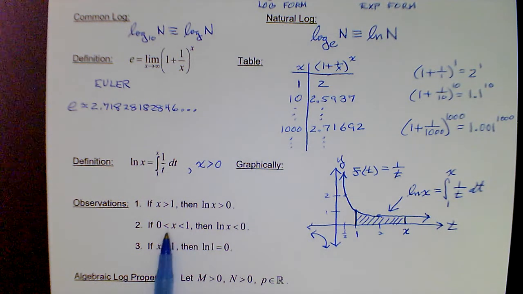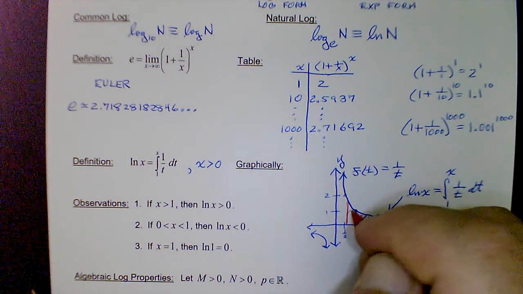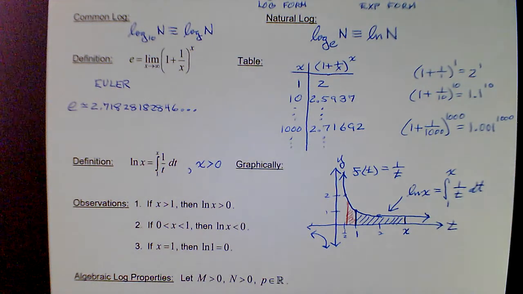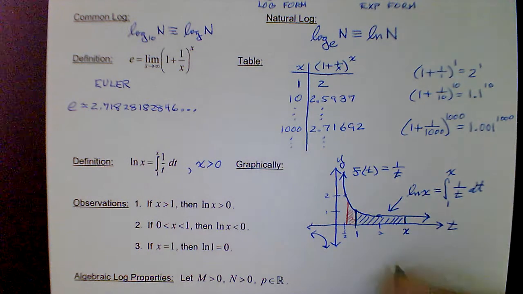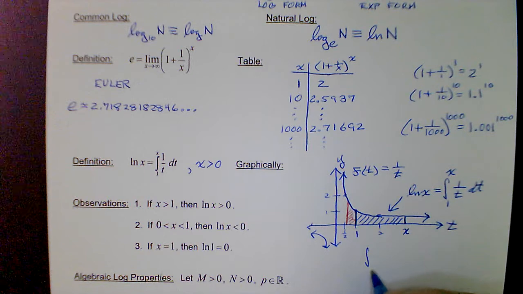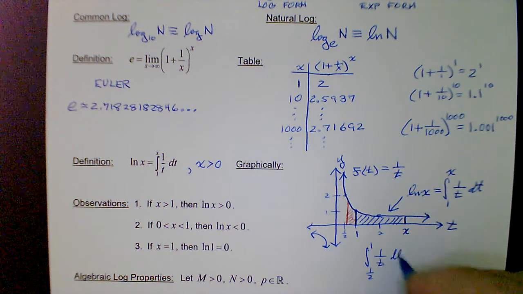If x is between 0 and 1, that would mean we're in this area, somewhere in here. We'd actually have to switch the limits of integration because we would have, let's say, the integral from 1/2 to 1 of 1 over t with respect to t.